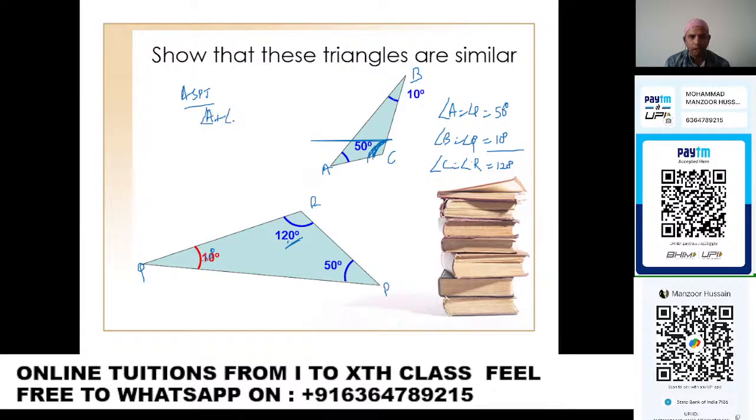Angle A plus angle B plus angle C is equal to 180 degrees. That is 50 plus 10 plus 120, added, is 180 degrees. That's the reason we can see the two triangles are similar to each other with respect to the angles.